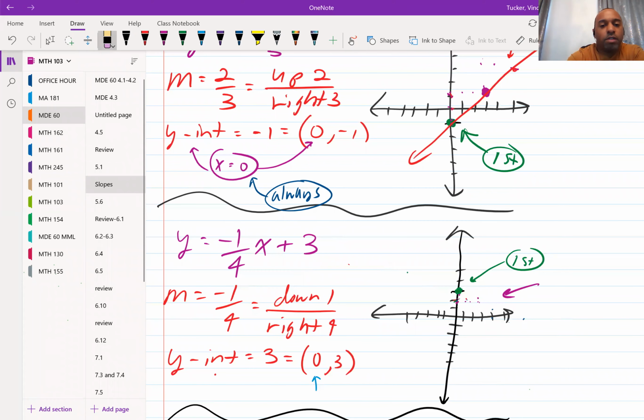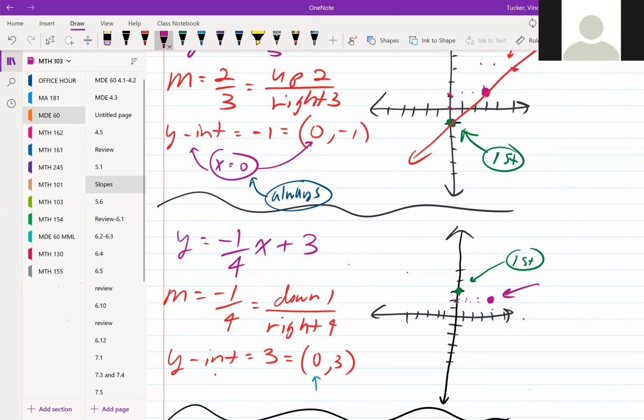Y-intercept is 3, 0, 3. All right, so graph 0, 3. So you go up 3 on the y-axis. So you graph that first. And then from 0, 3, you go down 1, right 4, which will put you right here.